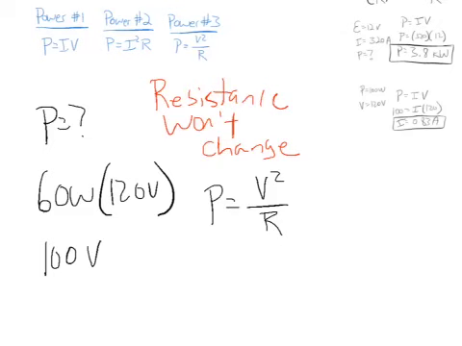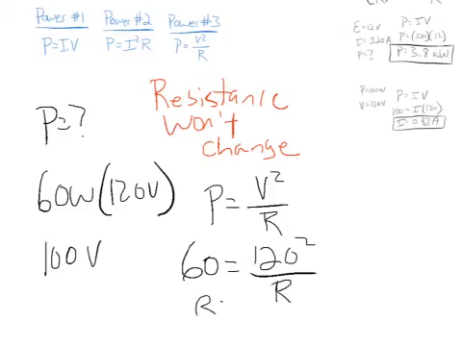So when we're at 120, we're at a 60-watt bulb, right? And when we're running that thing at 120 volts, we've got it completely cranked up. We want to figure out what its resistance is. Okay, we run through this. We get a resistance then of 240 ohms.